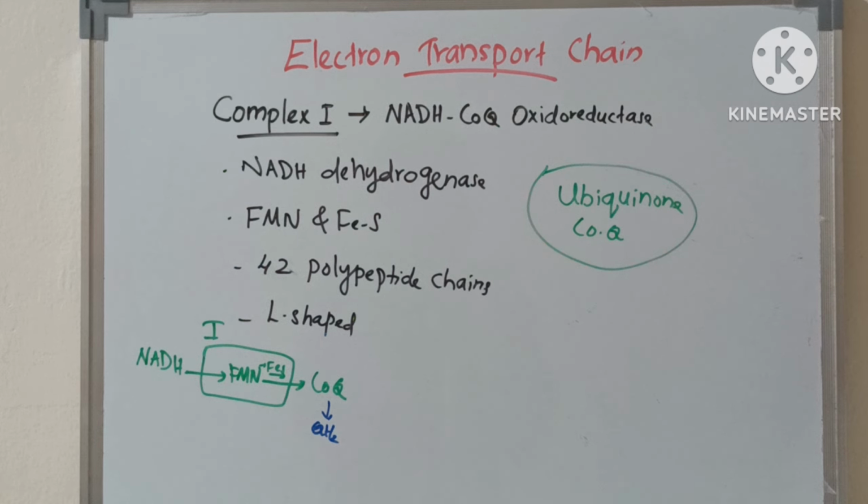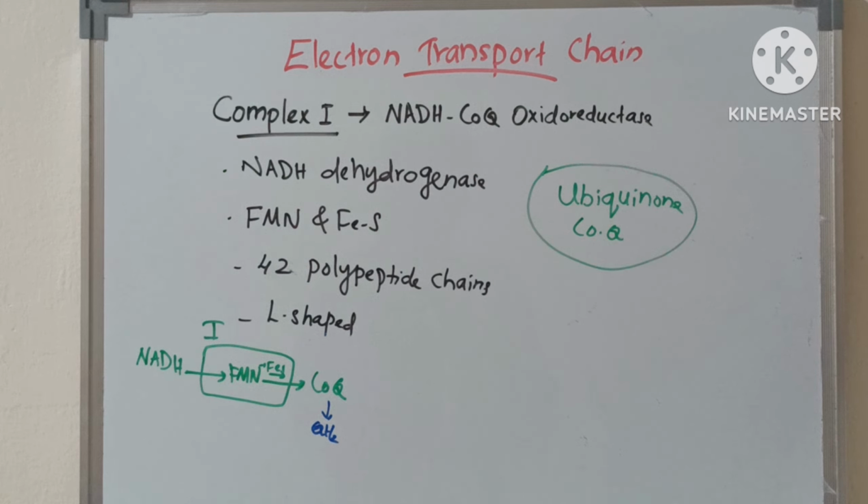So in complex 1, there is transfer of electrons from NADH to coenzyme Q or ubiquinone. From NADH plus H+, electrons are transferred to FMN, which is converted to FMNH2. From this FMNH2, electrons are then transferred to FeS, a protein which exists in oxidized and reduced state.